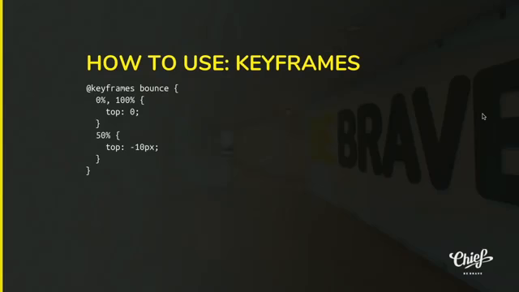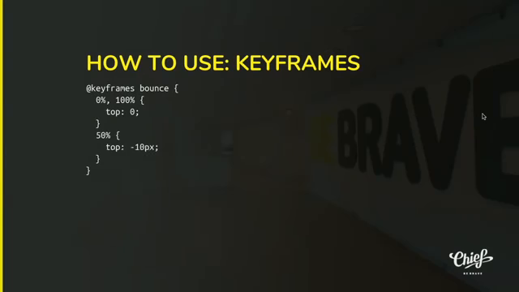So first up, we're going to talk about keyframes, because there are a couple different ways that you can animate. That first animation is done using keyframes. And what you can do with this is set up either repeating actions or complicated actions that you want to perform all at once.